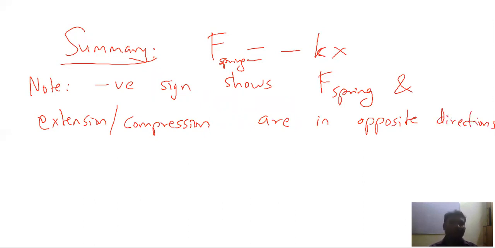So this is the formula for spring force. F is minus kx. X is extension or compression. K is a constant, which is called the spring constant.